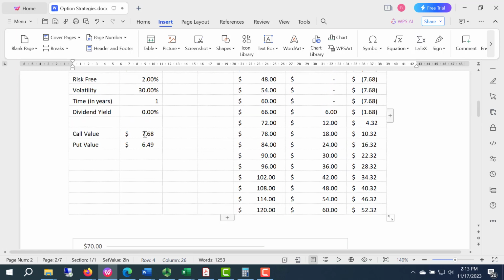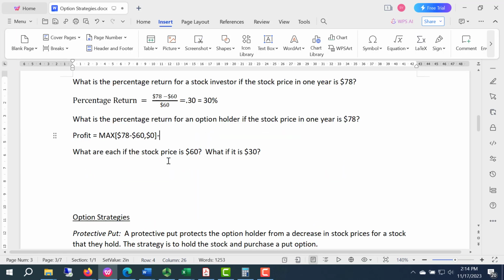Our investment here was $7.68. We just bought the option instead of the stock. And so the answer for the profit would be $18 minus $7.68, which is equal to $10.32.